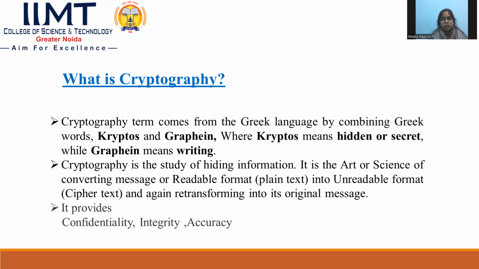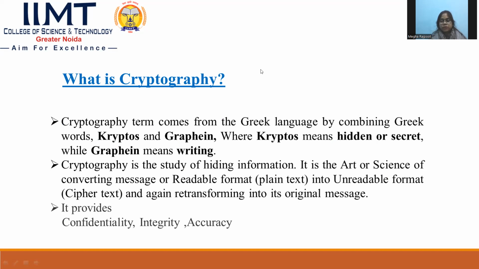So what is cryptography? The term cryptography comes from the Greek language, by combining the Greek words cryptos and graphene, where cryptos means hidden or secret, while graphene means writing. Cryptography is the study of hiding information.